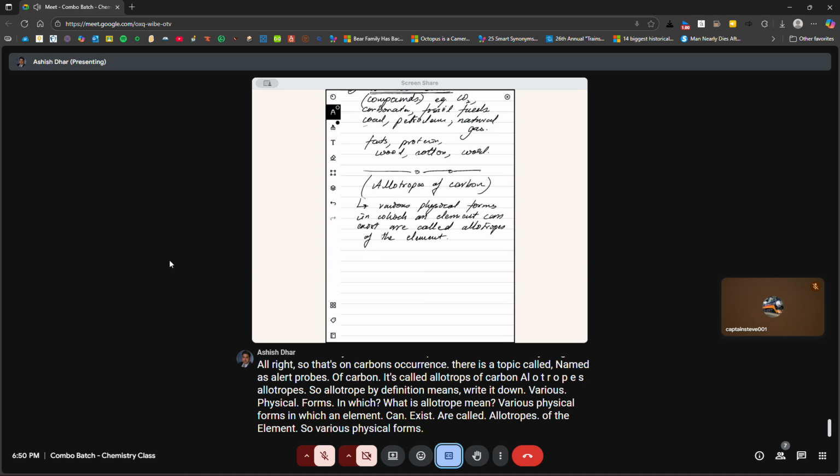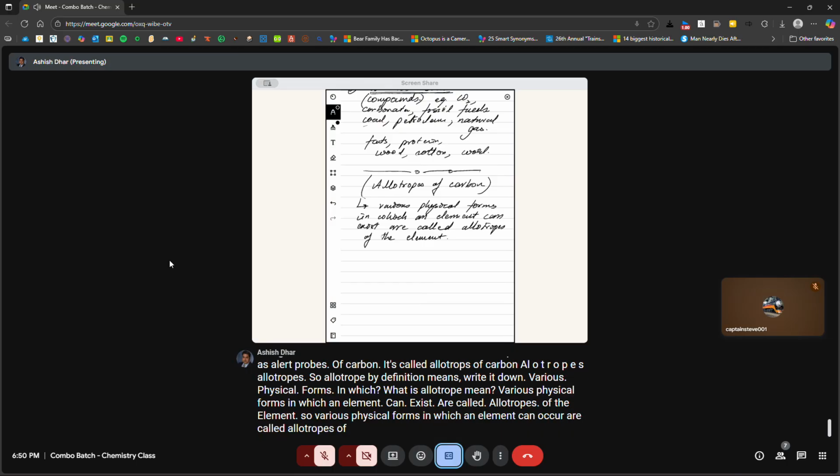So various physical forms in which an element can occur are called allotropes of that element.